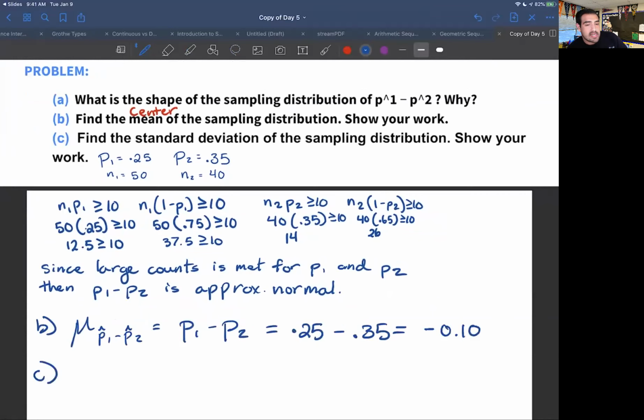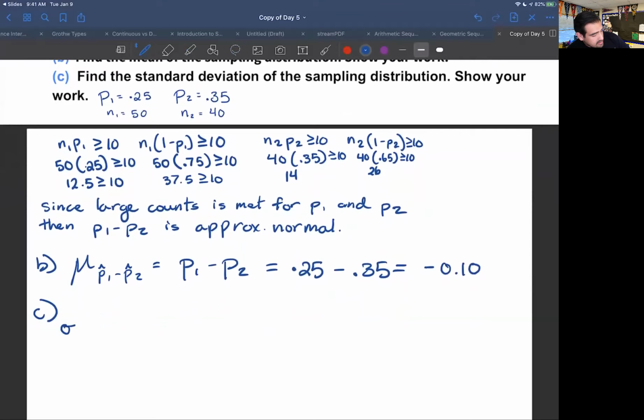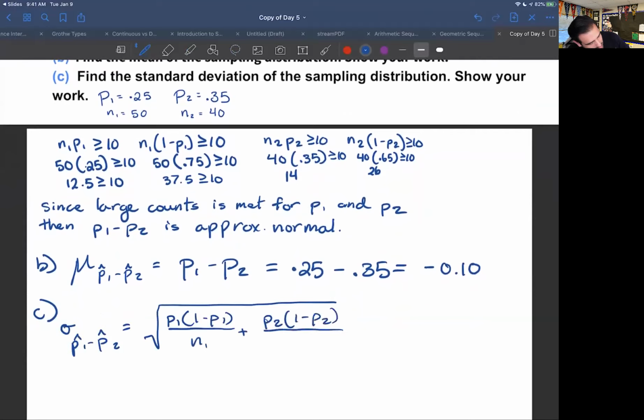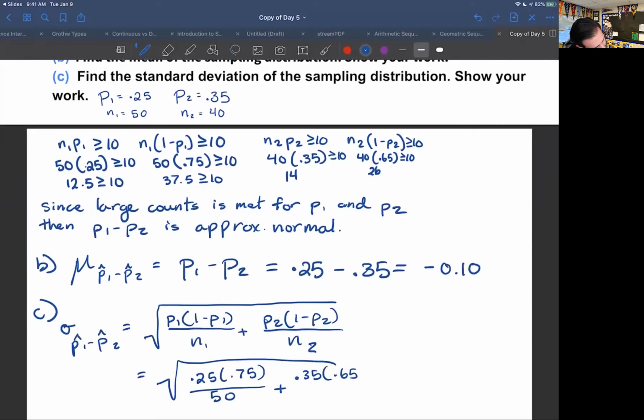C is telling us to find the standard deviation of the sampling distribution, show your work. So we know that the standard deviation of the sampling distribution of the difference in sample proportions is the square root of those variances: p1 times 1 minus p1 over n1, plus p2 times 1 minus p2 over n2. For us, that's the square root of 0.25 times 0.75 over 50, plus, for our second population, 0.35 times 0.65 over 40.